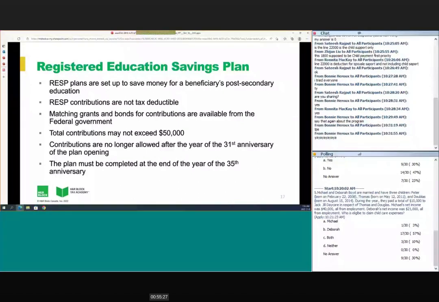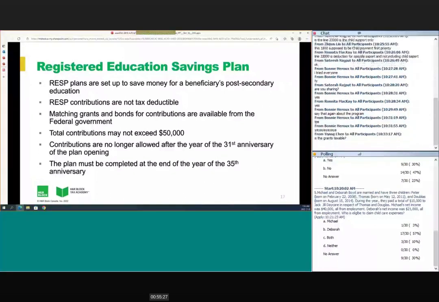Total contributions to the RESP cannot exceed $50,000, and contributions are no longer allowed after the year of the 35th anniversary of the plan opening, and the plan must be completed by the end of the year of the 35th anniversary. There's a question in the chat, are the grants taxable? I will get to that in the next slides, okay? We'll answer your question.